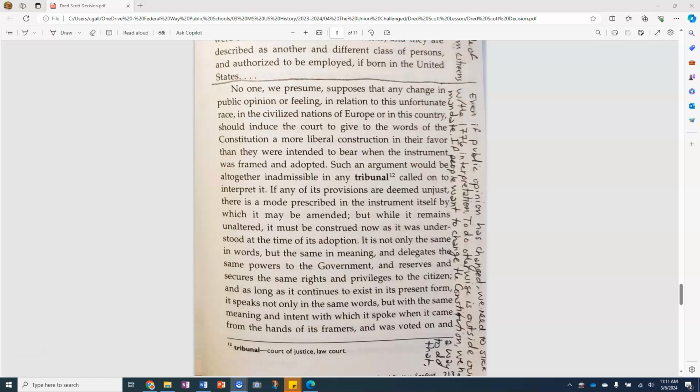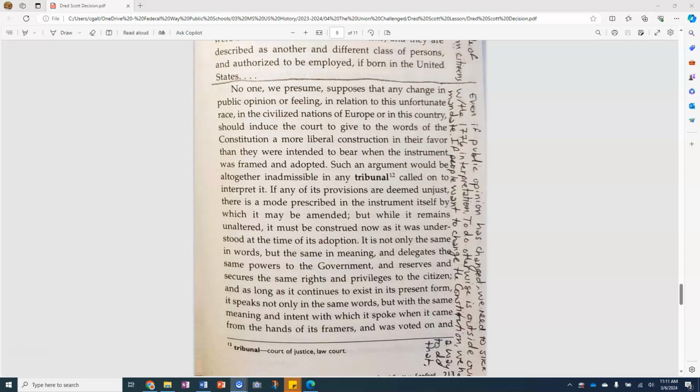No one, we presume, and I'm back on the text here, supposes that any change in public opinion or feeling in relation to this unfortunate race in these civilized nations of Europe or in this country should induce the court to give to the words of the Constitution a more liberal construction in their favor than they were intended to bear when the instrument was framed and adopted. Such an argument would be altogether inadmissible in any tribunal called on to interpret it.